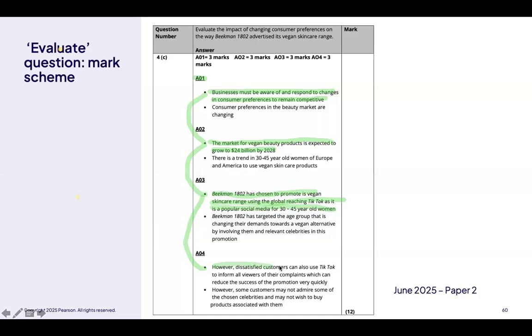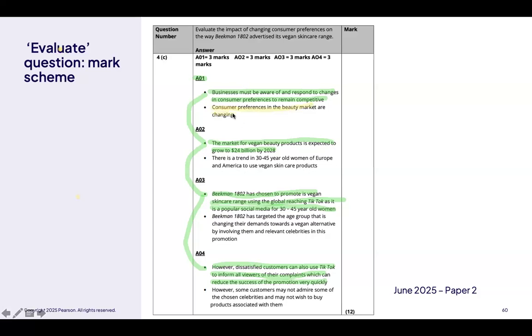However, dissatisfied customers can also use TikTok to inform all viewers of their complaints. So do you see what's happening there? This is the balance provided for the argument that's been made in the previous bullet points. And what happens in the subsequent ones?